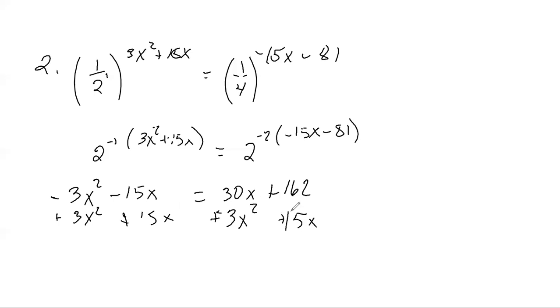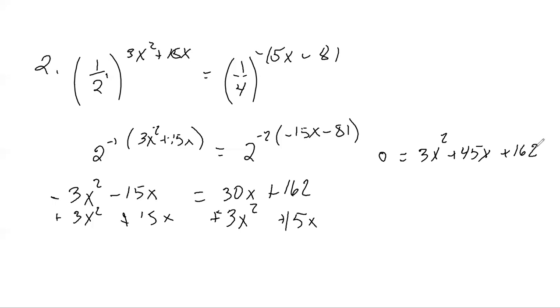And my new equation is, I can write a little bit more concisely here, 0 is equal to 3x squared plus 45x plus 162.